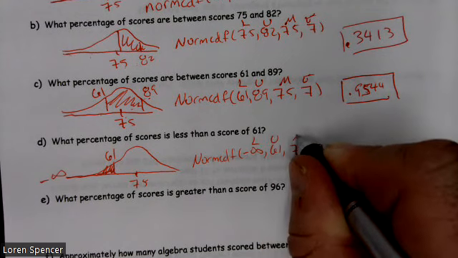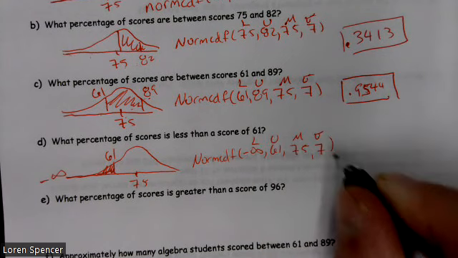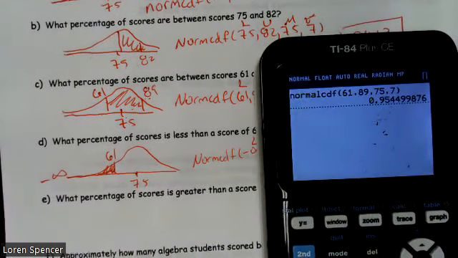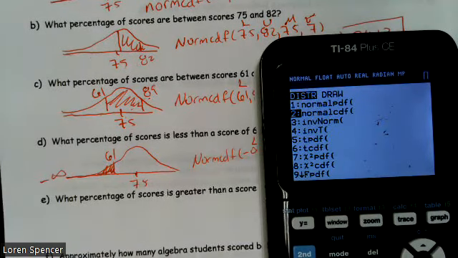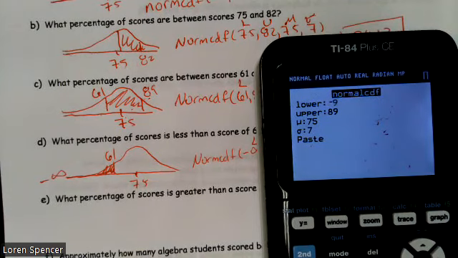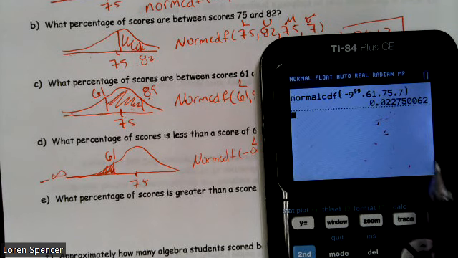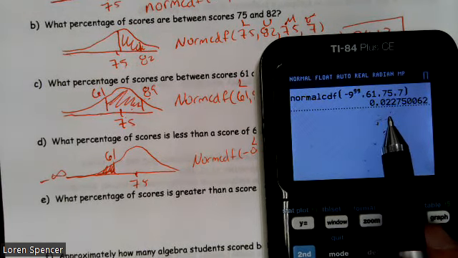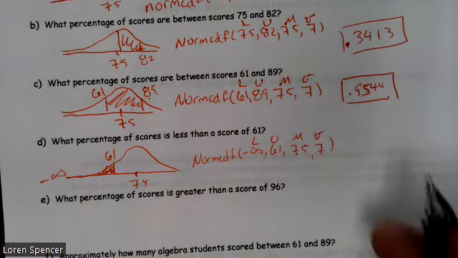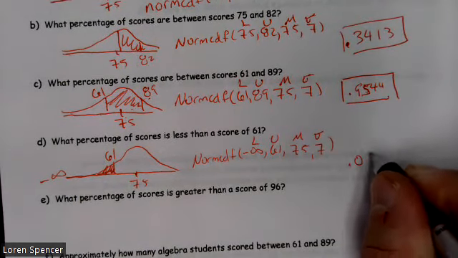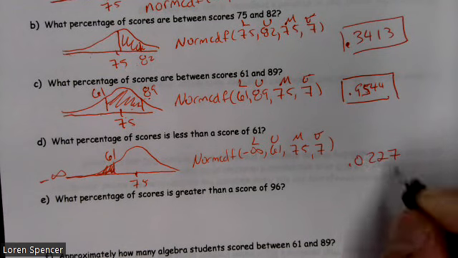Lower, upper, mean, standard deviation. Second vars, normal CDF. And remember, negative 9 raised to the 99th power. And then 61. We end up with 0.0227.